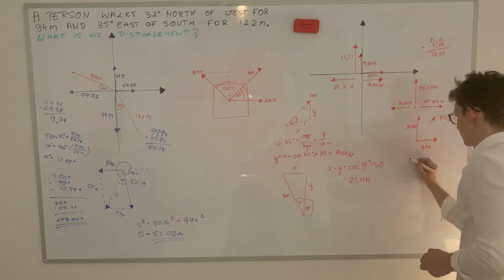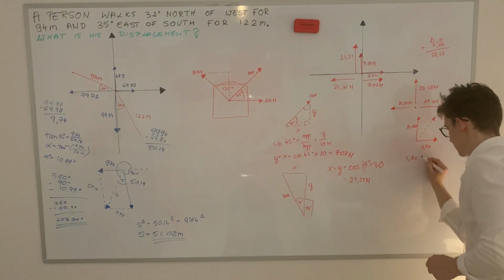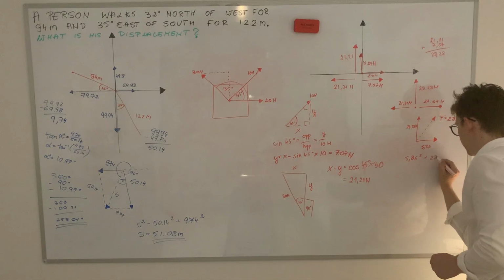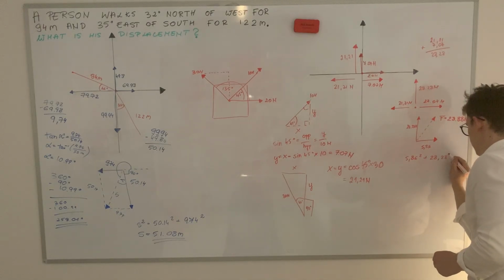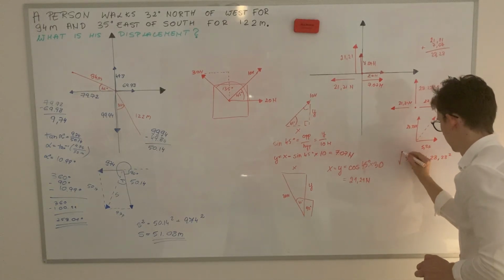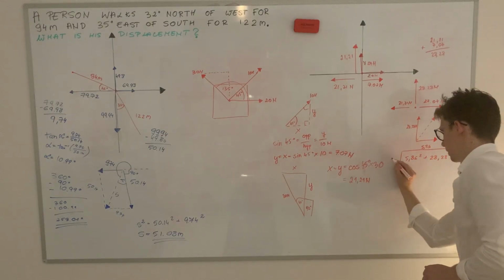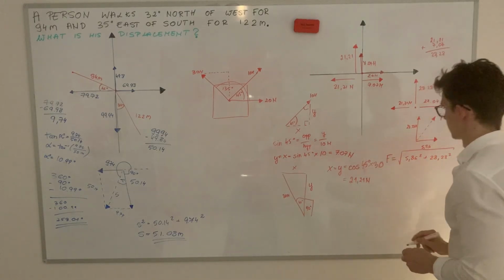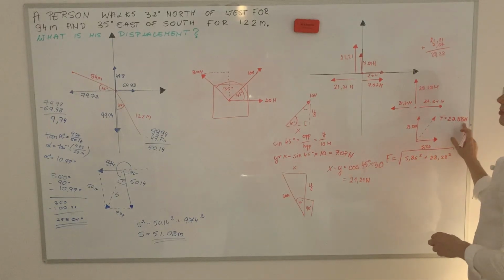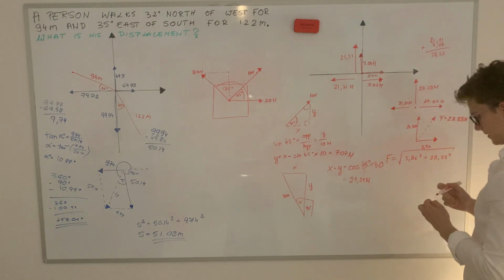And you should find this by 5.86 squared plus 28.28 squared, and then you will root it, and you will get the resultant force, which should be 28.88 newtons.